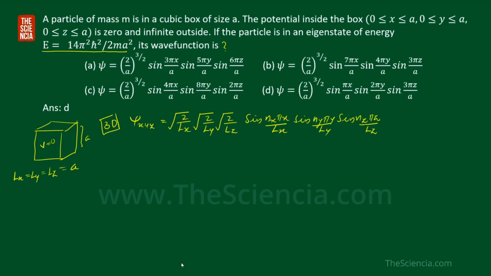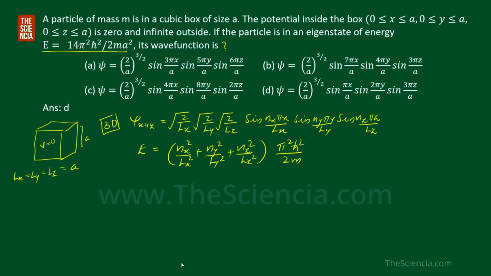And we know the energy also, that is, energy will be equal to nx square by Lx square plus ny square by Ly square plus nz square by Lz square into pi square h square by 2m.